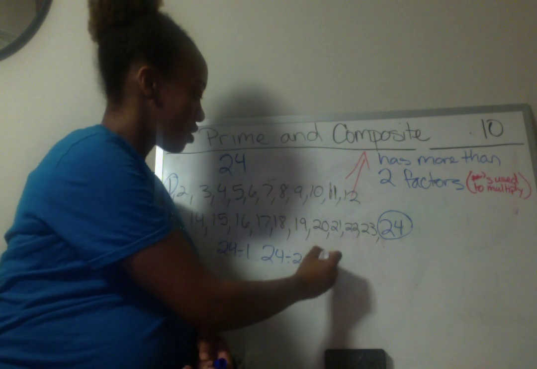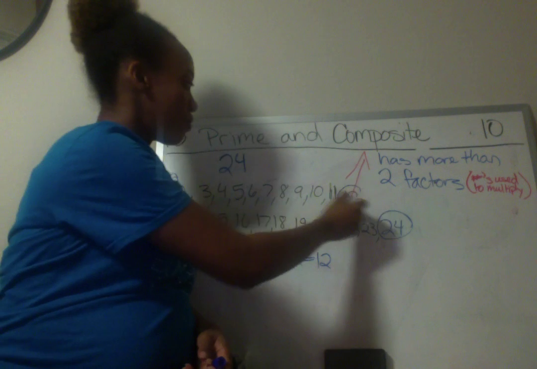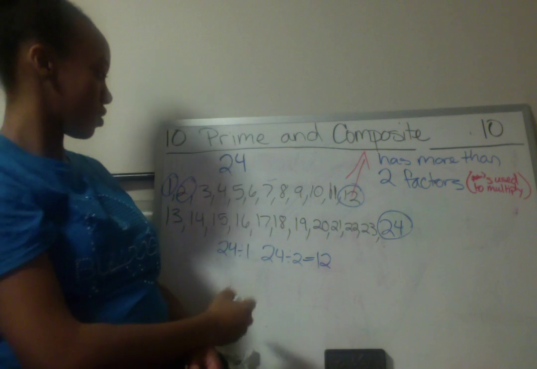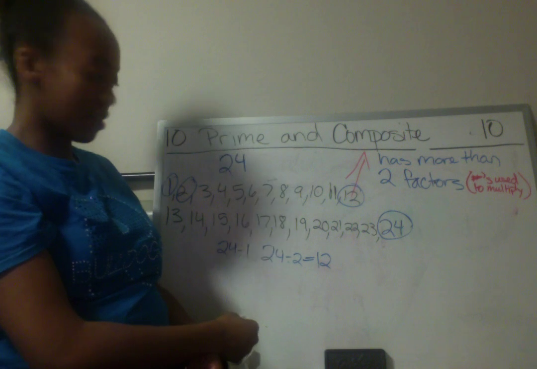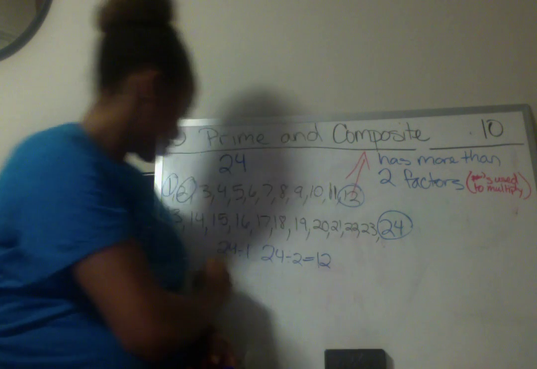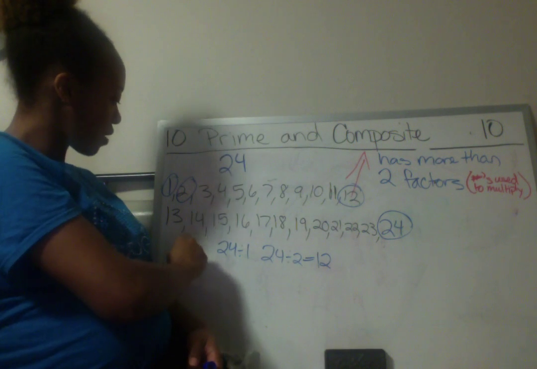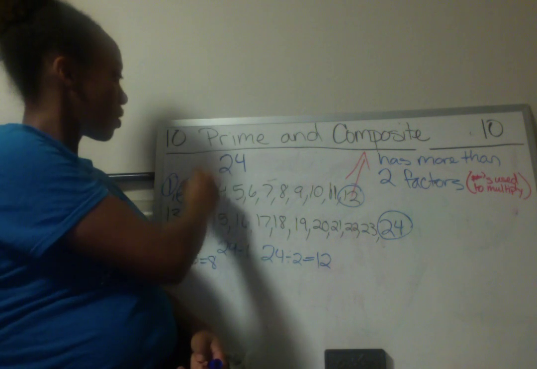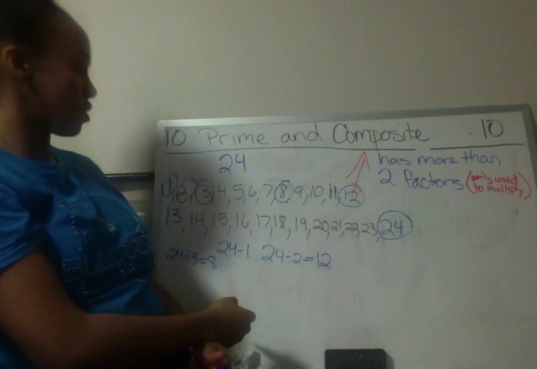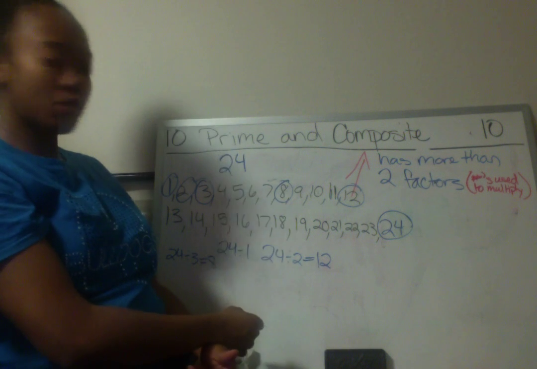Basic fact, 12. 12 works, 2 works. 24 divided by 3, that is another basic fact, so I can still write it horizontally. 24 divided by 3 is 8. 3 works, 8 works. 24 divided by 4.